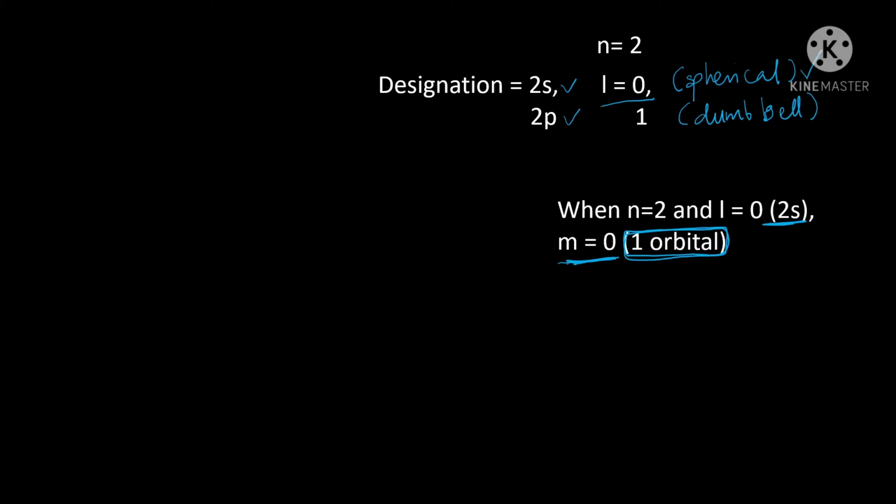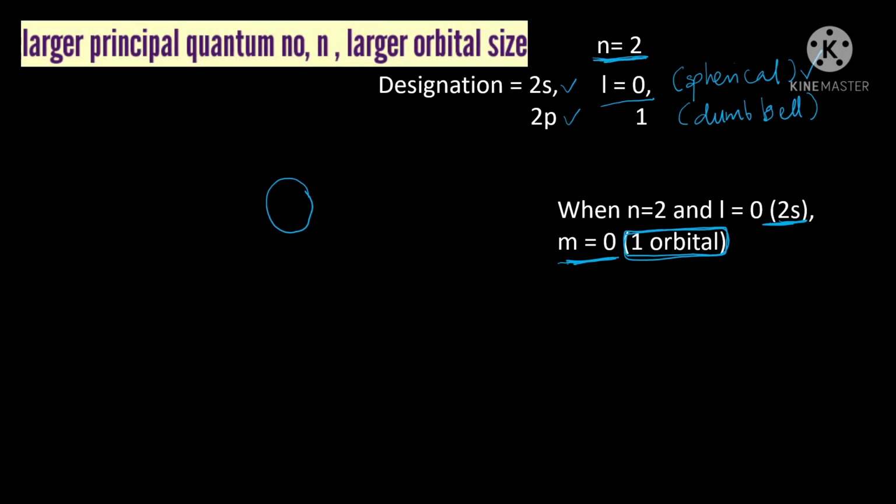So when we draw the spherical orbital in the 2s subshell, we should draw it bigger than the 1s subshell. Why bigger? Because the principal quantum number n is equal to 2. When n is equal to 2, it is bigger than n equals 1. When it is bigger, it means that the orbital in the 2s subshell will have bigger size and energy than the orbitals in the 1s subshell.